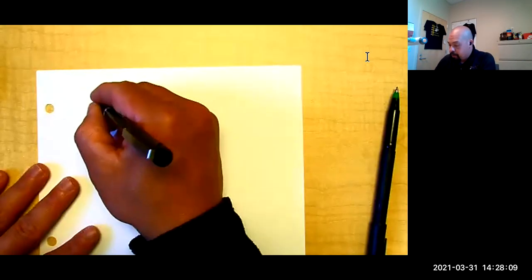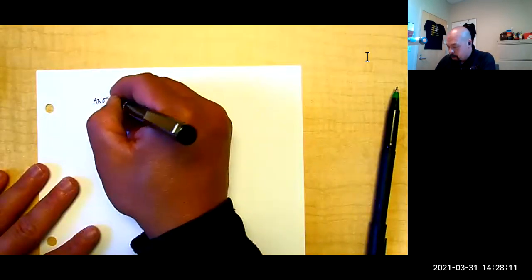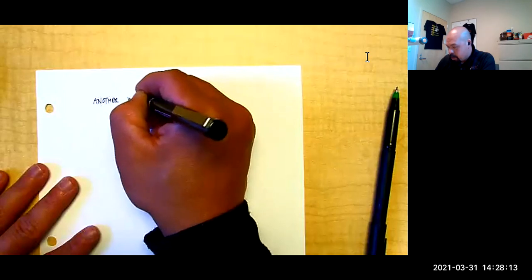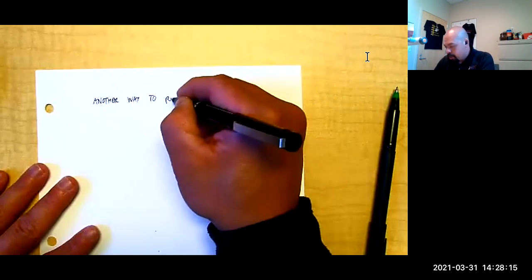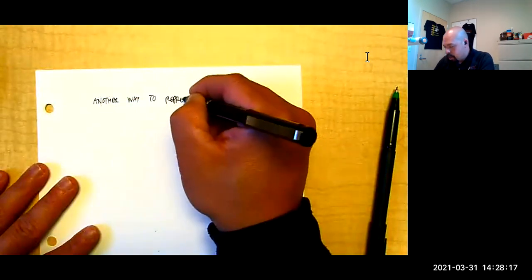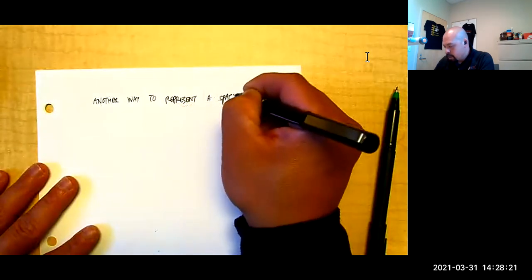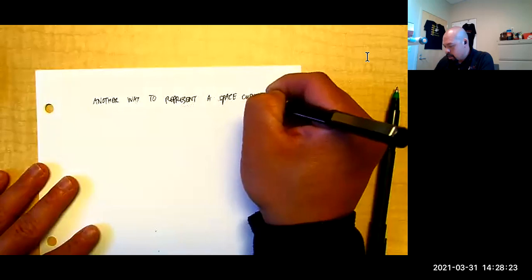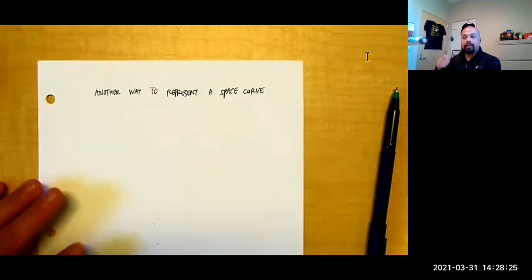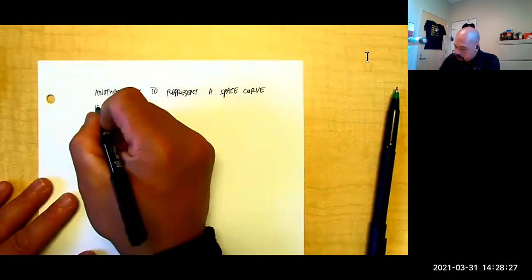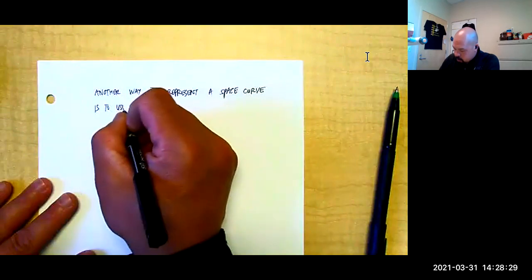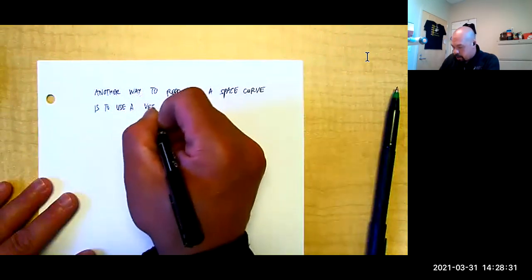But here, another way to represent a space curve, a location in space, is to use a vector function.